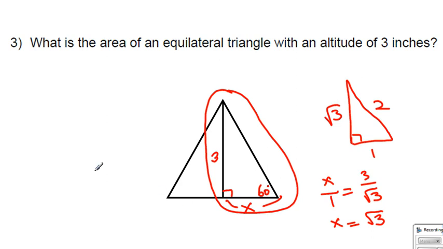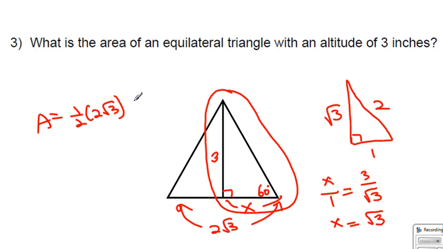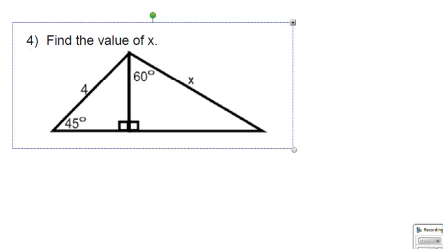Then the total base becomes 2 times square root of 3 because we have 2 of those. Then we have our answer because area is 1/2 base, which is 2 square root of 3, times height, which is equal to 3. Therefore, our answer becomes 3 square root of 3. There it goes. All right, let us move on.